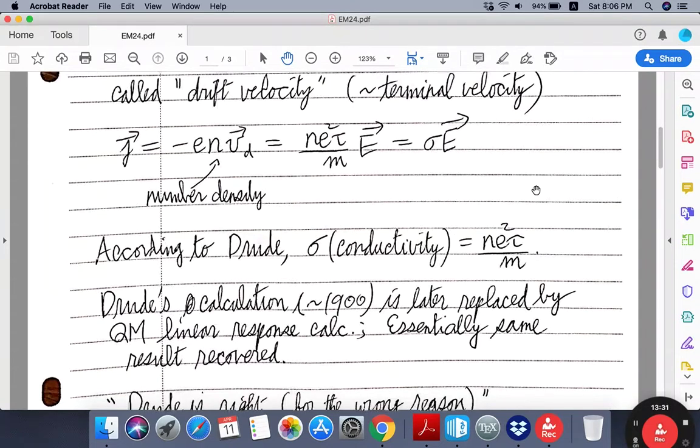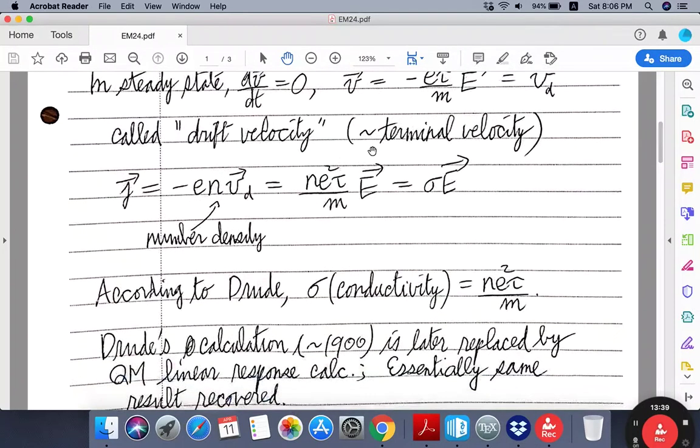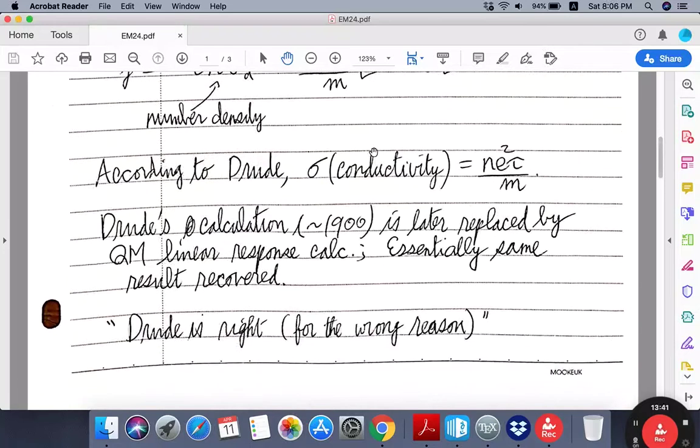Okay, so Drude did this calculation and proposed his theory around the year 1900. That's more than 20 years, more like 25 years before the final discovery of quantum mechanics and Schrödinger's equation.